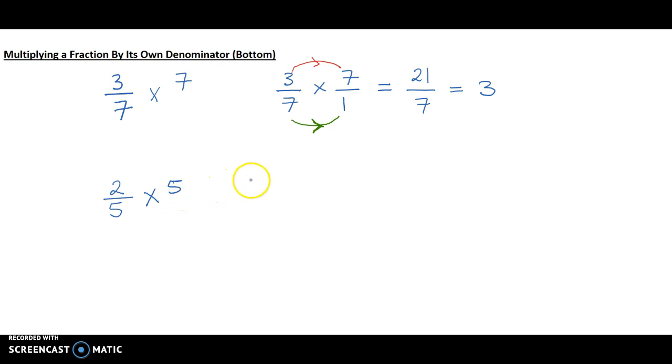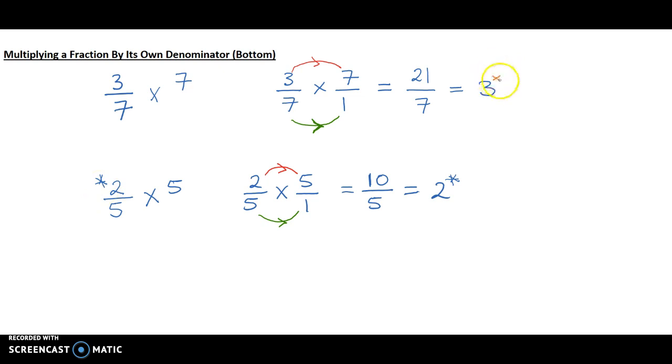So multiplying it by 5 is the same as 2/5 times 5 over 1, and if we go top by top and bottom by bottom again, that's going to give us 2 5s are 10, and on the bottom 5 1s are 5, and 10 divided by 5 is 2, which was the top of the original fraction. So the answer that you end up with is always going to be the top of the original fraction.